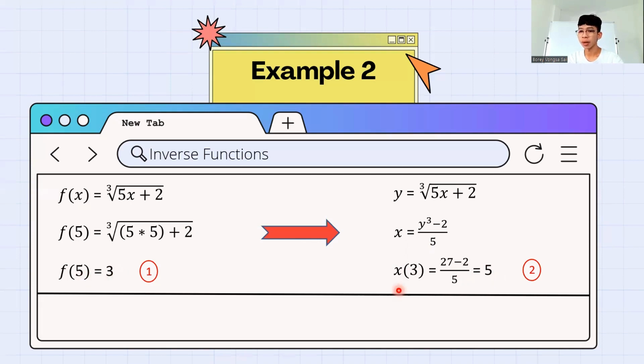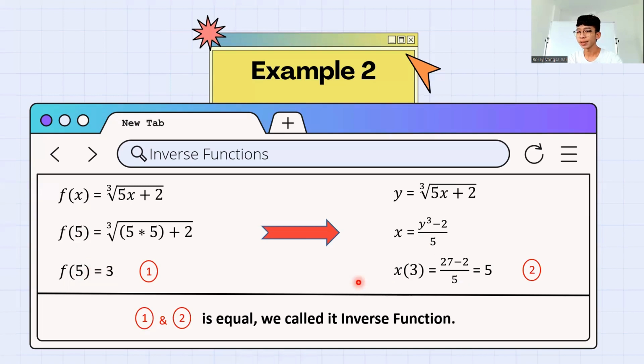Then we compare the equation of function 1 to function 2. We get that function 1 and function 2 are equal, because f(h) is equal to y, and y equal to 3, and for h here we place 3 and get h equal to 5, which is what we replaced here, so we call it the inverse function.